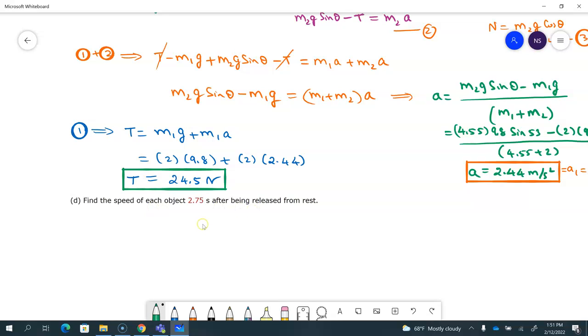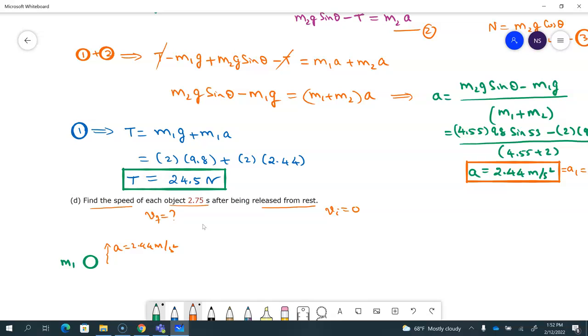So this is where if I'm looking at m1, for example, I just concentrate on m1, that has an acceleration in the upward direction, and we know that acceleration is 2.44 meters per second squared. And the question is, if it's released from rest, meaning the initial velocity is 0, find the speed at the end of the time, so they're asking for the final velocity, right?